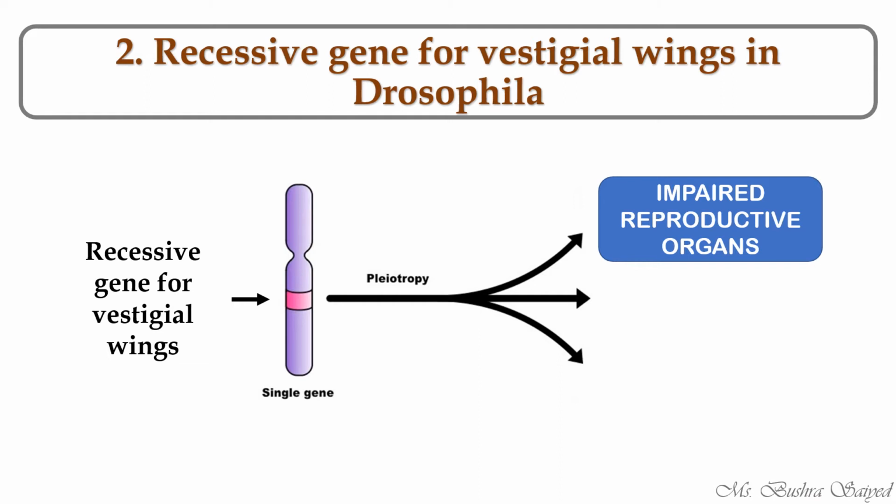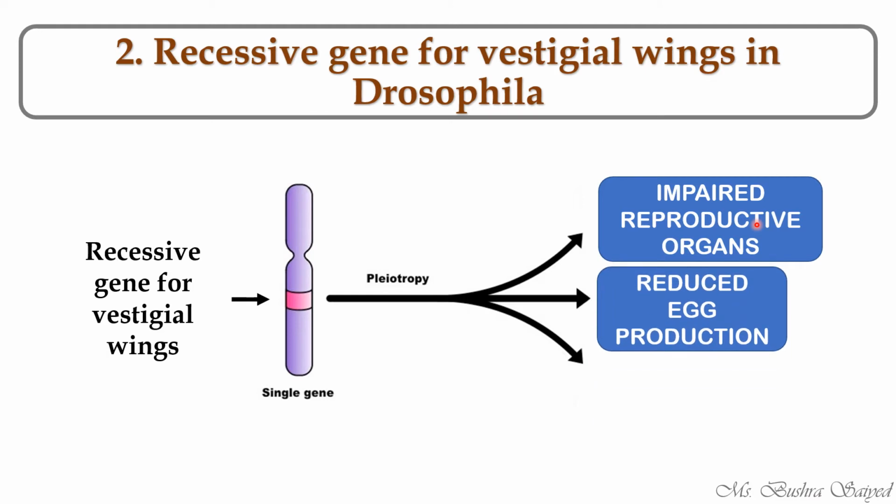That is the actual phenotypic trait of these recessive genes. But apart from that, the Drosophila with vestigial wings will have impaired reproductive organs, reduced egg production and bristles on the wings. So apart from the formation of vestigial wings, they will have other phenotypic traits. That is the second example for pleiotropy.